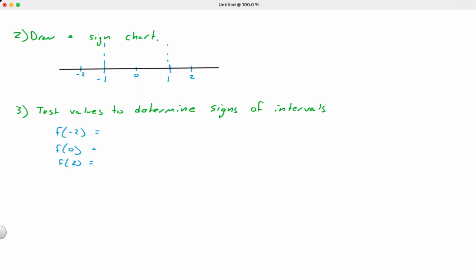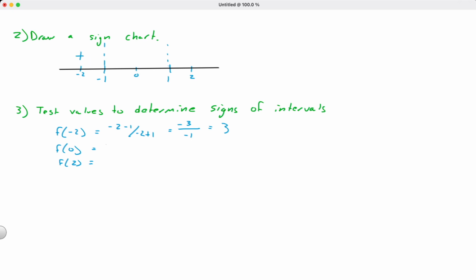And so if we plug in negative 2 to x minus 1 divided by x plus 1, we'll get negative 2 minus 1 in the numerator, or negative 3, divided by negative 2 plus 1 in the denominator, or negative 1, giving us positive 3, making this whole region here positive.